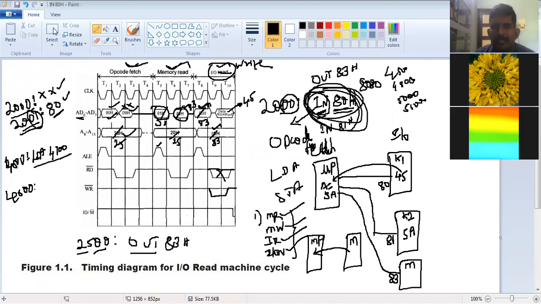So you are the microprocessor programmer. The industry people are asking you to do this automation. I want this bottle to be filled in 20 seconds or 20 minutes, let it be. Are you able to do this automation with the concept of T states?